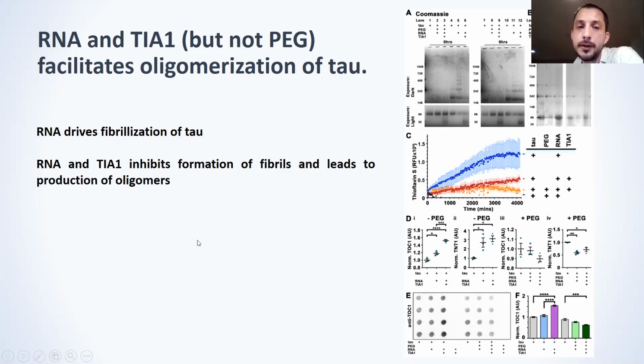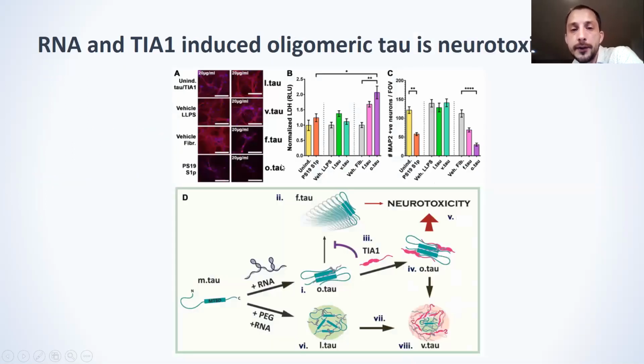And then finally, we applied different fractions to cultured neurons, either tau incubated in the presence of polyethylene glycol, or tau fibrillized in the presence of RNA, or oligomerized in the presence of RNA and TIA1. We find that the oligomeric tau is the most toxic, leading to the greatest release of LDH and the highest death of neurons when they're imaged by microscopy.